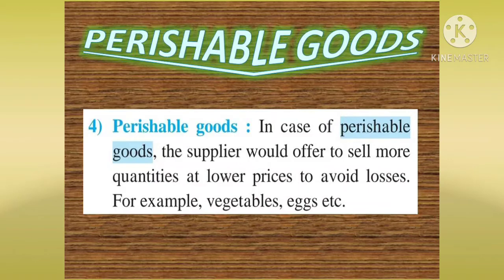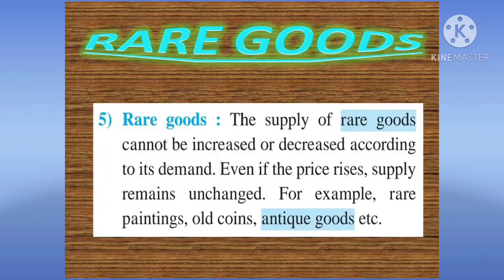Fourth, perishable goods. In case of perishable goods, the supplier would offer to sell more quantities at lower prices to avoid losses. For example, vegetables, eggs, etc. And the fifth exception is rare goods.